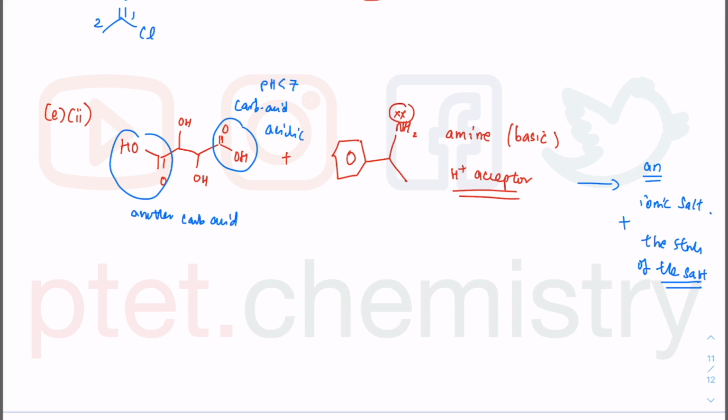I will be tempted to say that both of them will get deprotonated rather than an option for one of them getting deprotonated. So there's O minus like that, and there's O minus like that. And what I'll have is the phenyl ring, and then I have the methyl group, or I can have NH3 plus like that, and then the methyl group, and then I can draw another one.